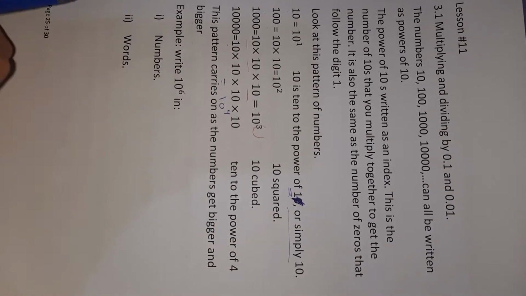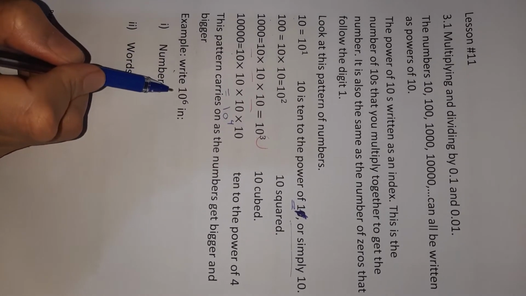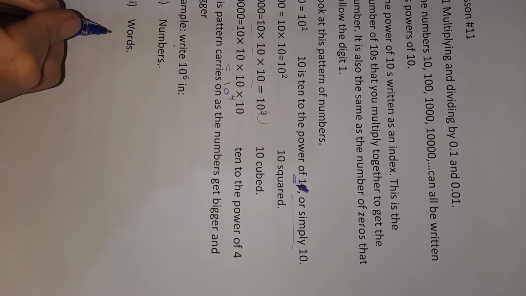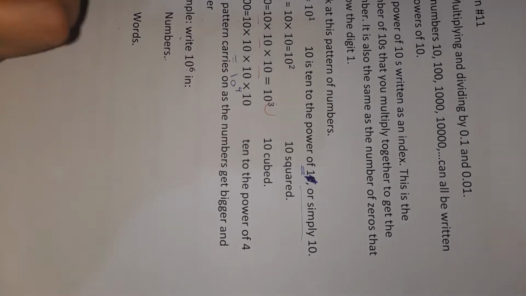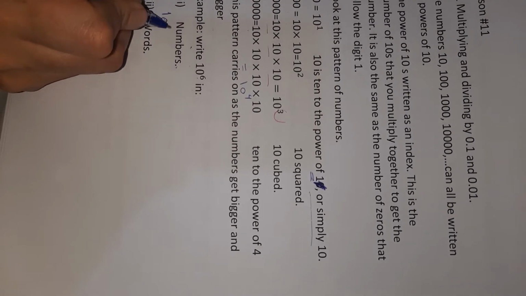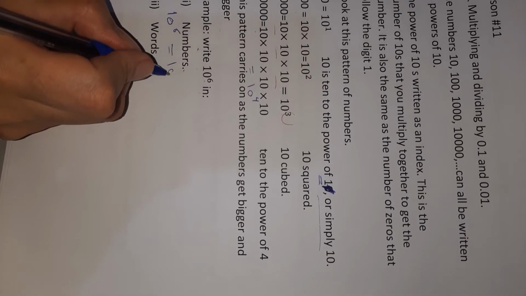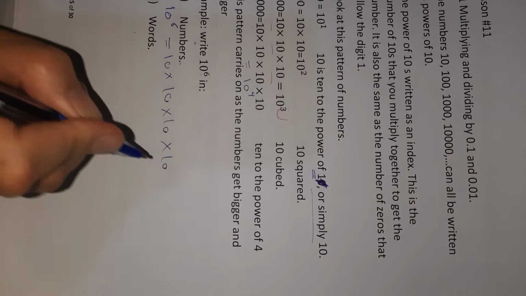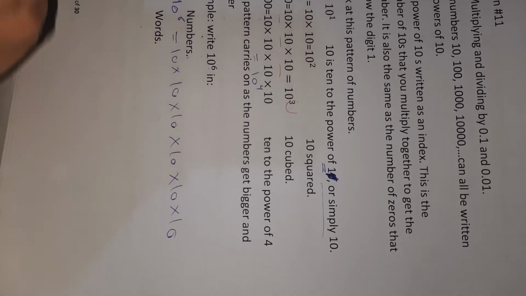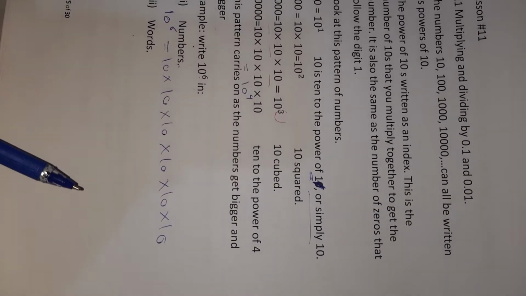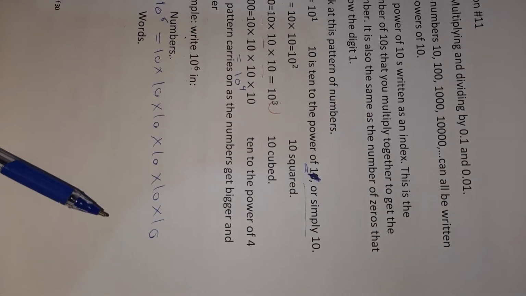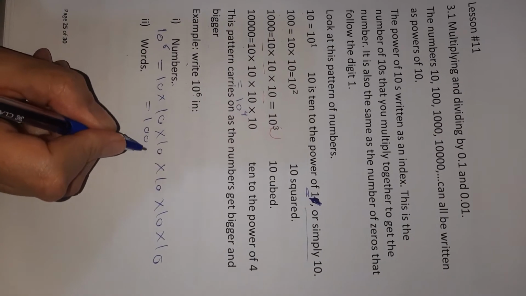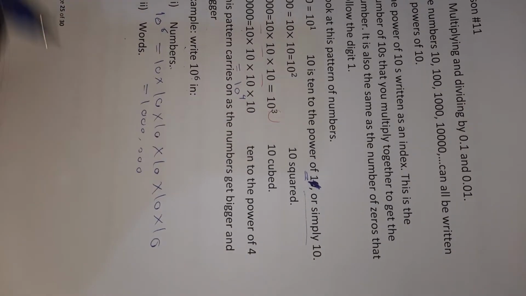Example: write 10 to the power of 6 in numbers and words. In numbers, 10 to the power of 6 equals multiplying 10 six times: 1, 2, 3, 4, 5, 6. You write it as a 1 followed by 6 zeros, which is 1 million.